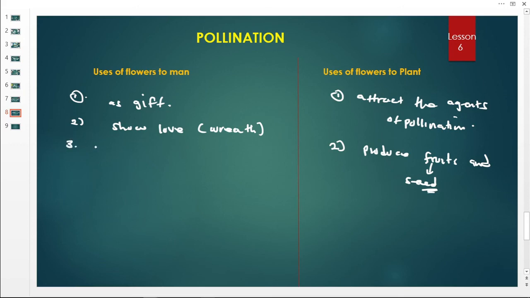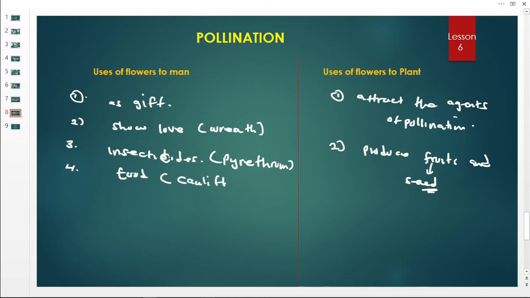Then number three, we use these flowers to make insecticides, the chemicals that kill insects. The best example is pyrethrum. This one is used to make insecticides. Number four, these flowers can be eaten as food. We can eat them as food, for example the cowrie flowers which you buy from the market.